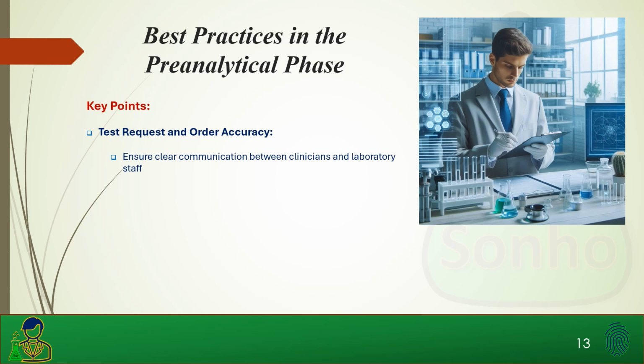Oftentimes, a person or a nurse or even a doctor may think they want one thing and they order another. So it's important to make sure that what the patient actually needs is being ordered. It's very easy to mix up analytes in blood testing, to test the wrong thing, and to request the wrong test. So it's very important to make sure that they're requesting what they actually want to see.